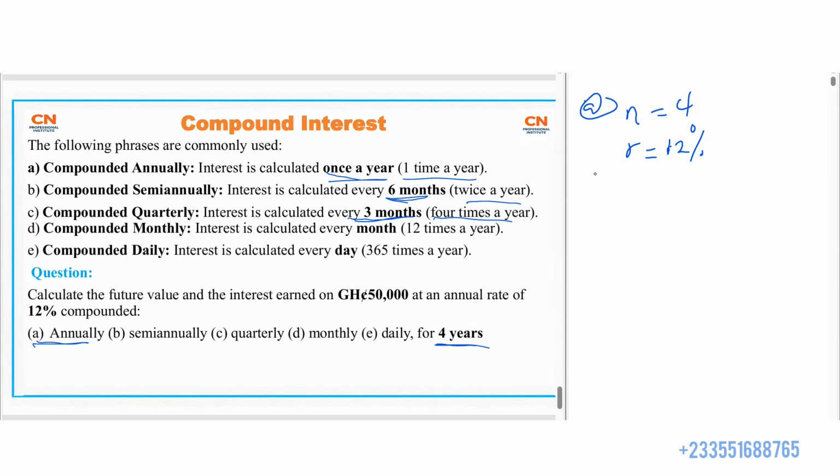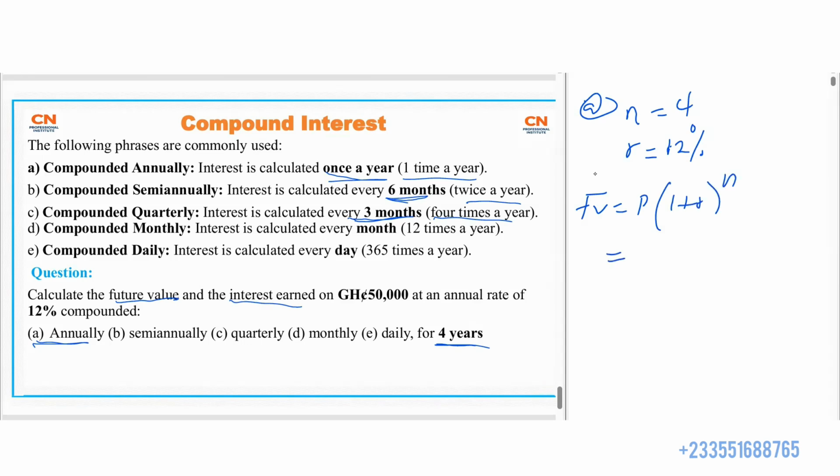Let's calculate the future value and the interest. The future value is equal to the principal, or the amount invested, or the present value, times (1 plus R) raised to power n. That's the formula.